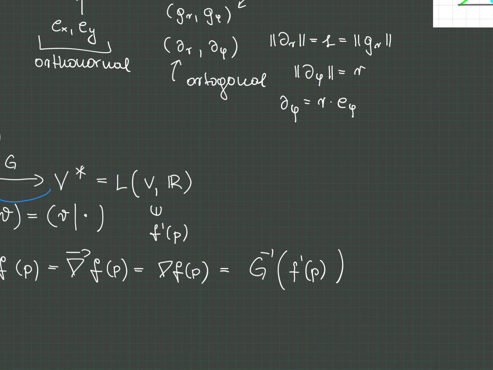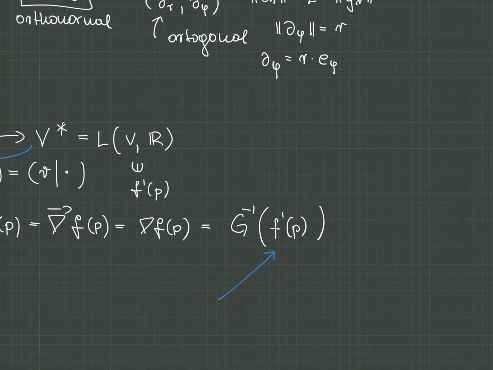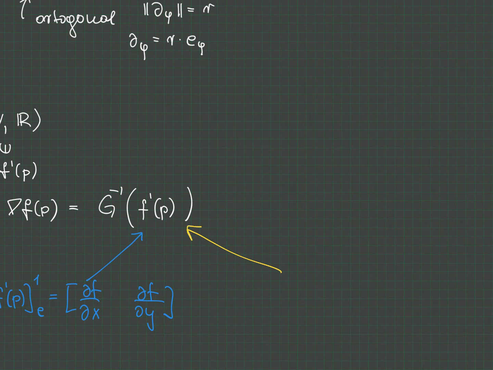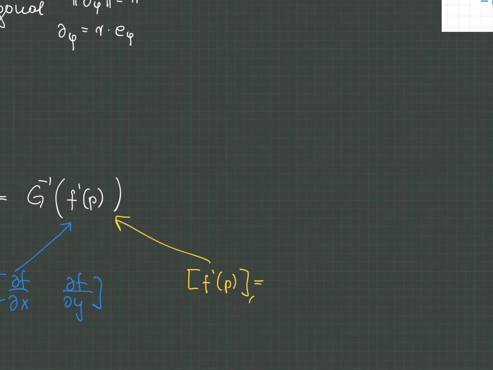For that, we need matrices. We have matrices of the differential written in two different coordinate systems. We have for that a matrix in Cartesian coordinates, which is df/dx, df/dy, and we have another written in polar coordinates, dr, d phi, and this is df/dr, df/d phi.